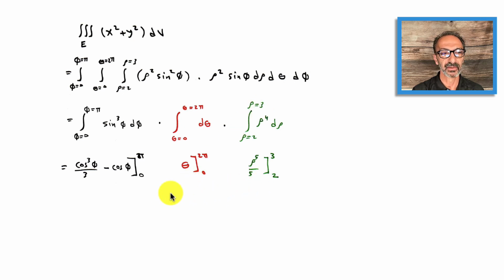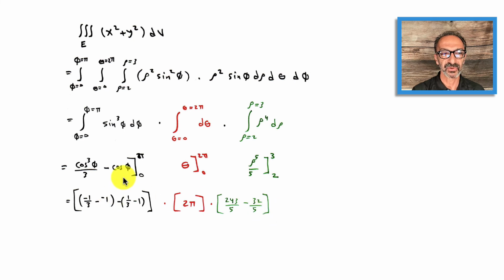That's a simple substitution, and as I said, I don't want to take your time. That's what we have. Cosine pi, after you plug in phi, is negative 1, and cosine 0 is 1. 1 cubed over 3, that's this one here, when you plug in 0.